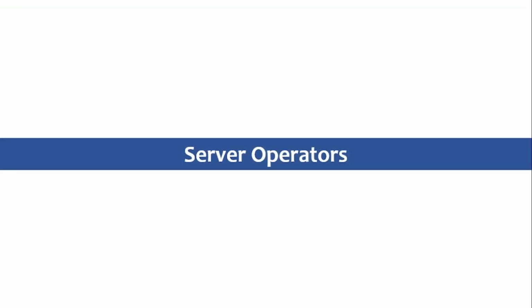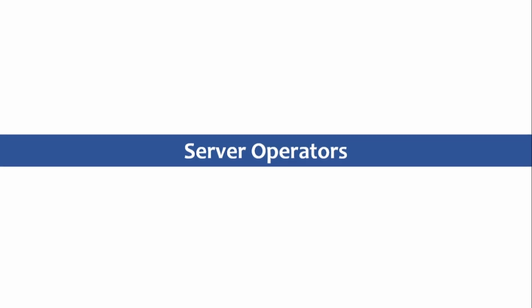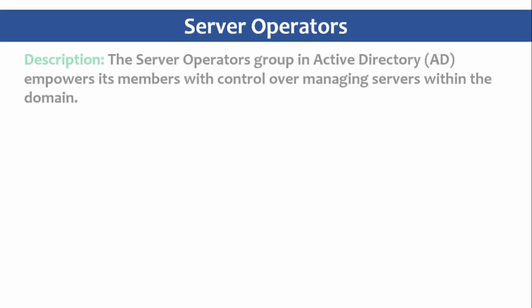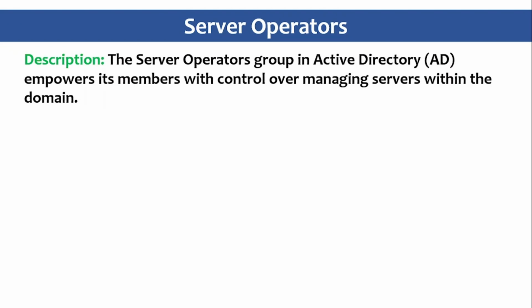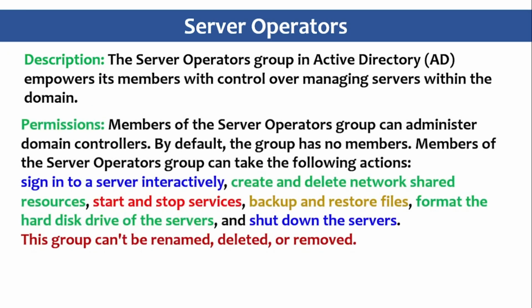Let's understand server operators now. The server operators group in Active Directory empowers its members with control over managing servers within the domain. Members of the server operators group can administer domain controllers. Remember now, they can also administer domain controllers.